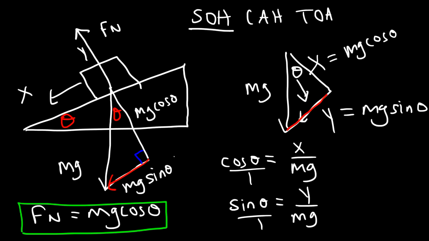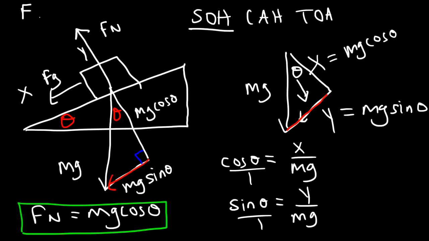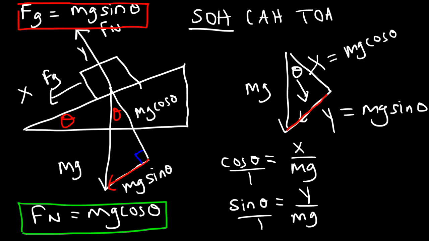Now, it turns out that there is a force that accelerates the block down the incline. I like to call it Fg. And notice that it's parallel to this part of the triangle. So Fg, the component of the weight force that accelerates the block down the incline, is mg sine theta. That's another equation that you want to use when dealing with inclined plane problems.